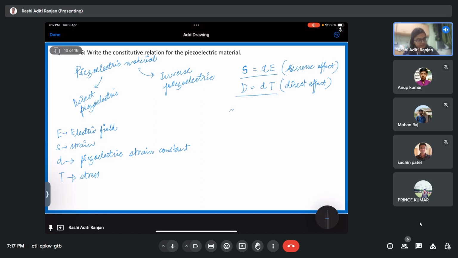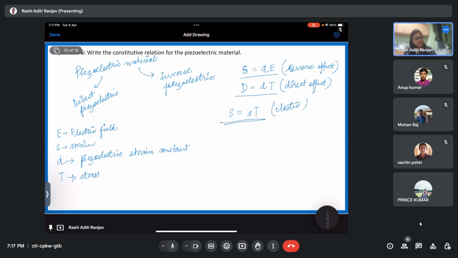It says that my strain S is equal to small s into T, where T is my stress and capital S is my strain. This is my elastic behavior.